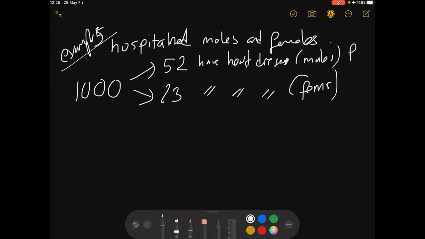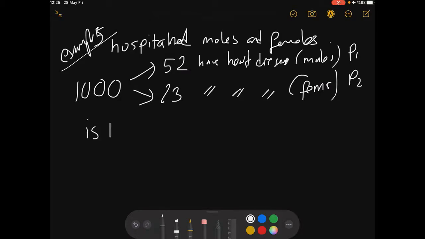So if we give them probabilities P1 and P2, now the question is: is heart disease more frequent in hospitalized males than hospitalized females?